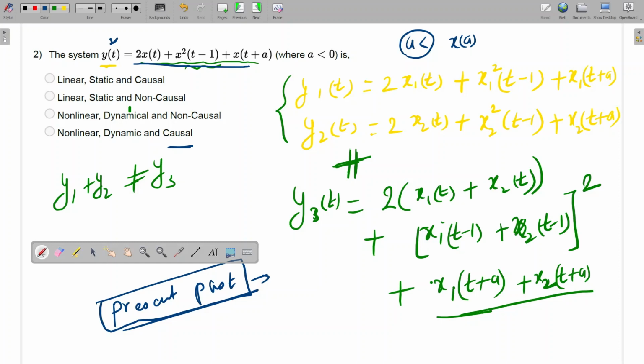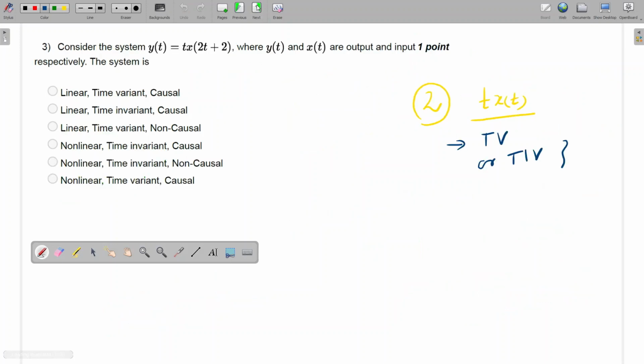Okay, so moving to the next question. This is the next question. y of t is equal to t into x of 2t plus 2.